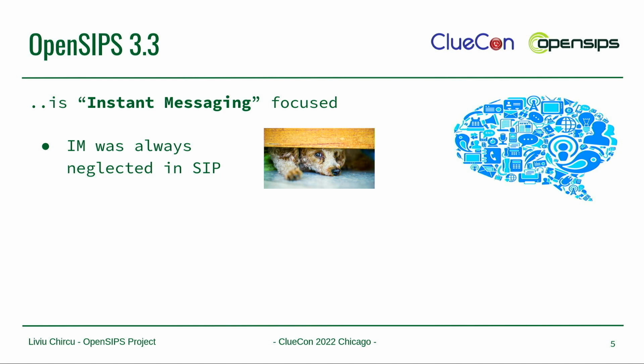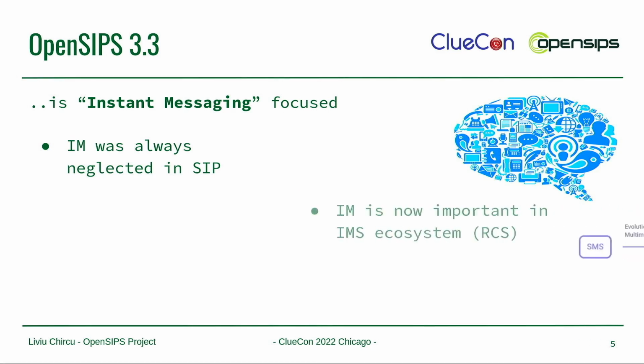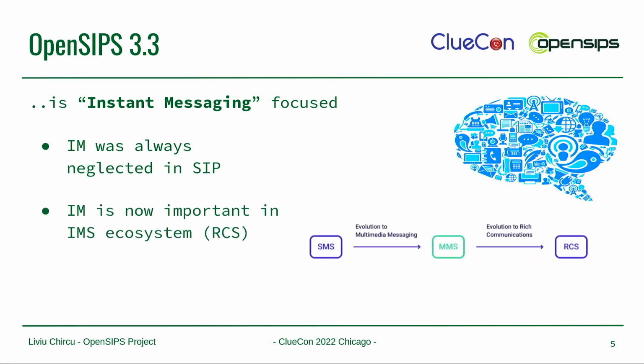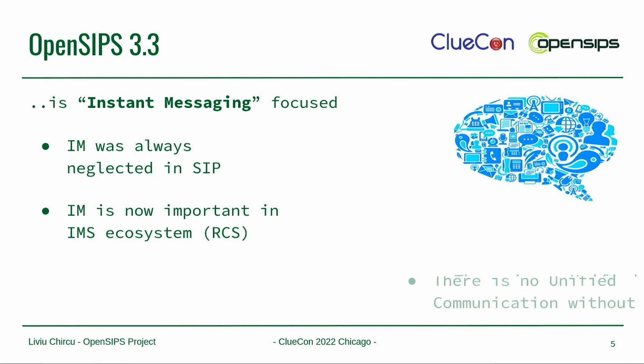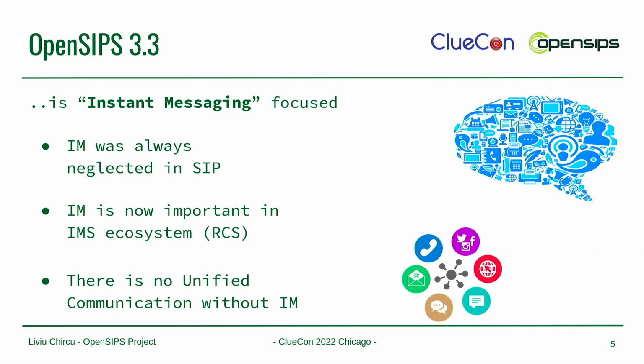We had the MESSAGE method support, and that was pretty much it. It is becoming more and more important with the emergence of RCS, and having support for advanced messaging will also be useful for unified communications.